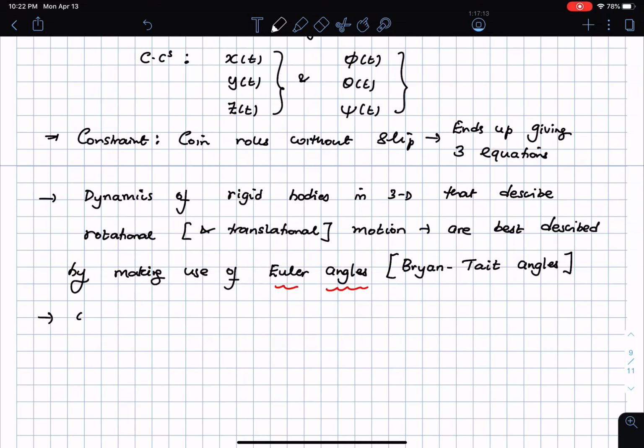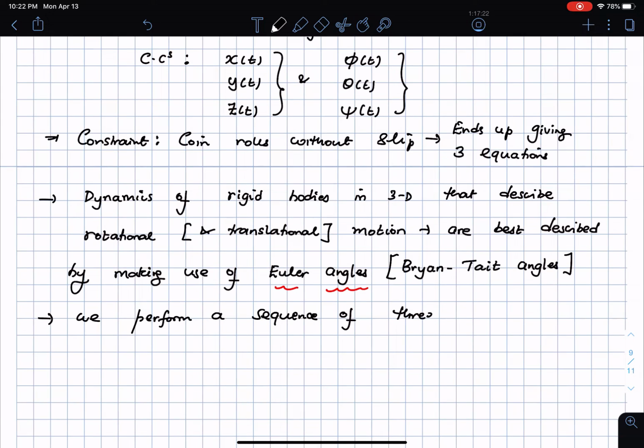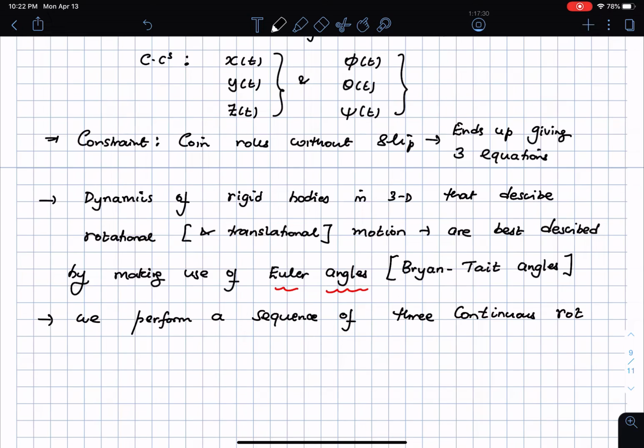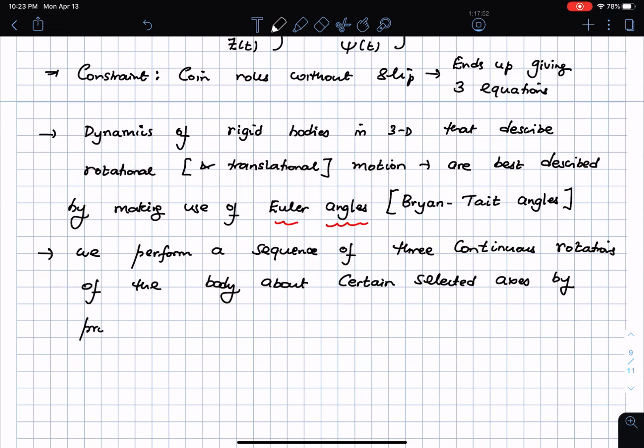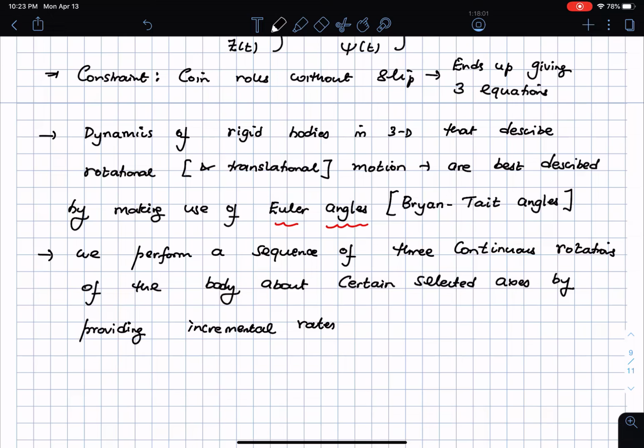So we perform a sequence of 3 continuous rotations of the body about certain selected axes by providing incremental rates of rotation about such axes.